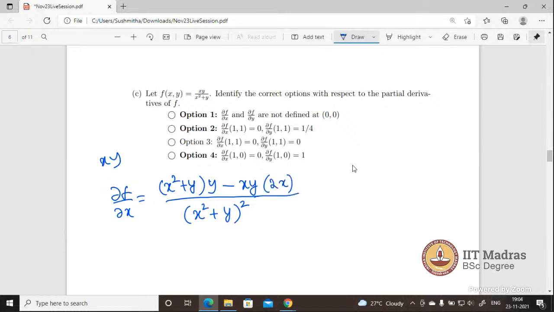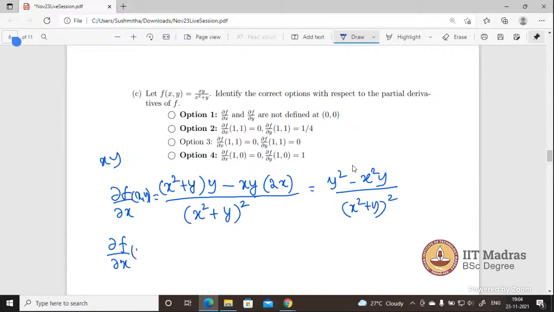So this is dou f by dou x: x squared plus y, whole squared. Numerator is x squared y minus 2x squared y. So that's going to be y squared minus x squared. So this is dou f by dou x. It's a function of x and y.